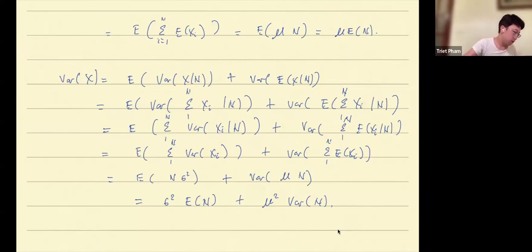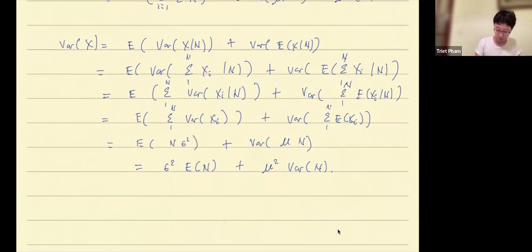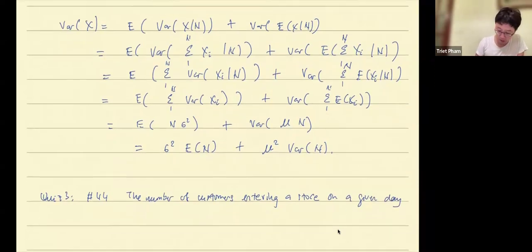So let's try to apply this to something. This is question number 44, which says: The number of customers entering a store on a given day is Poisson 10.